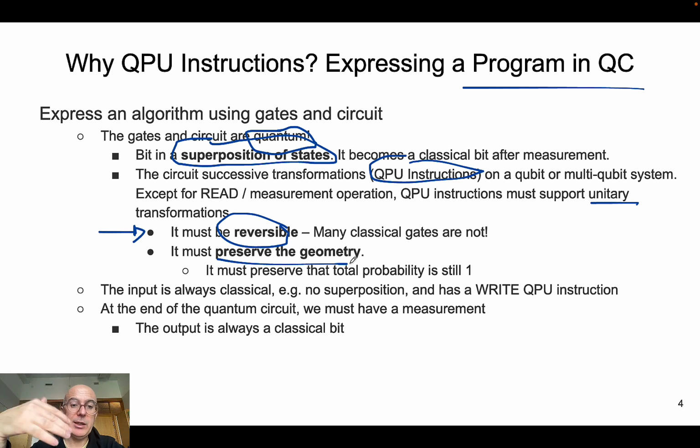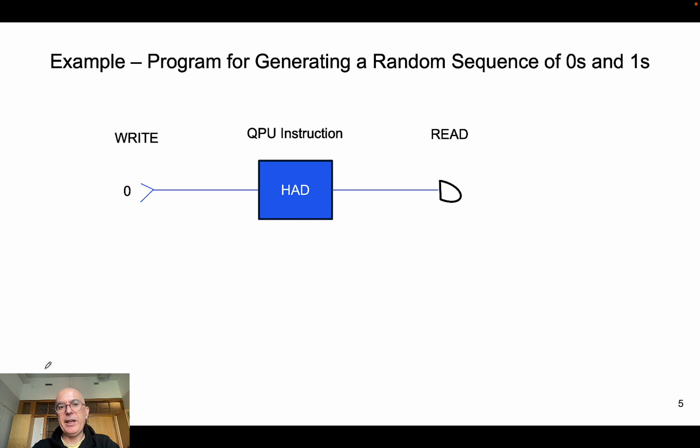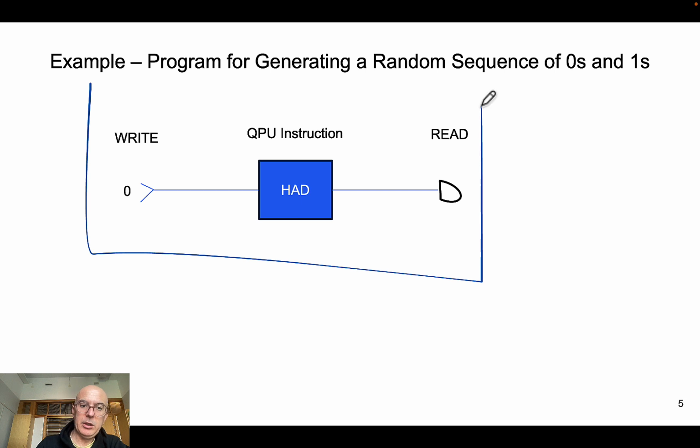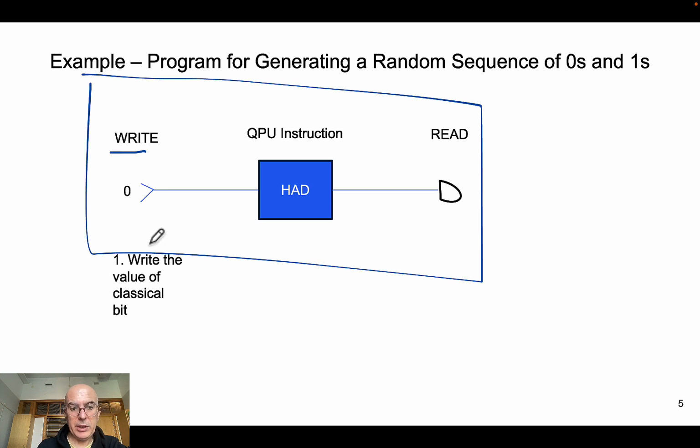Both input and output must be classical. A very simple example of a program, an algorithm to generate a random sequence of 0s and 1s, is expressed by this quantum circuit. So this is very simple. We have a QPU instruction that writes the value of a classical bit, for instance our C0, C1, which will in this case be 1 and 0.